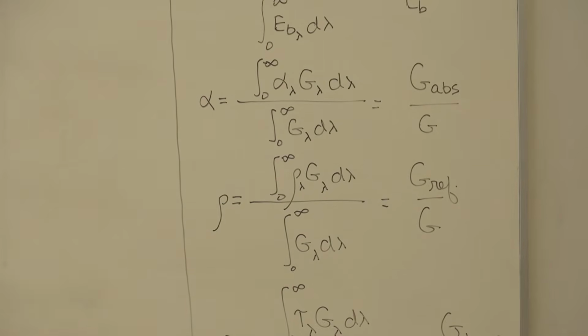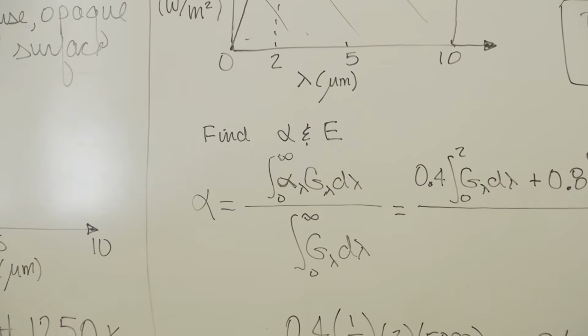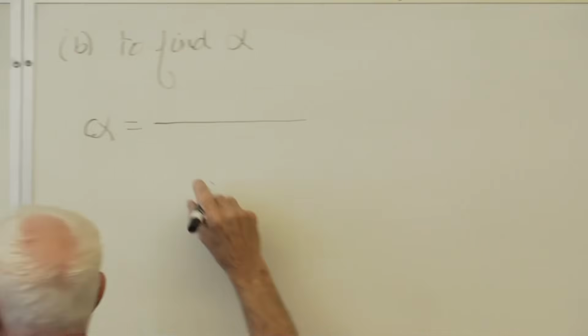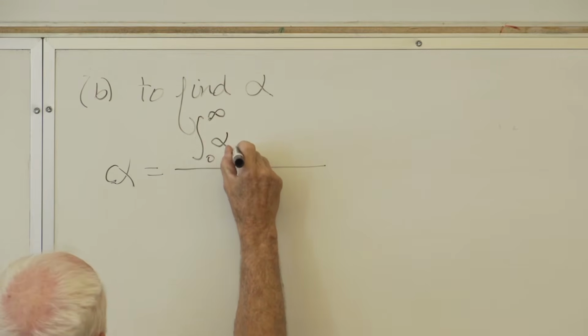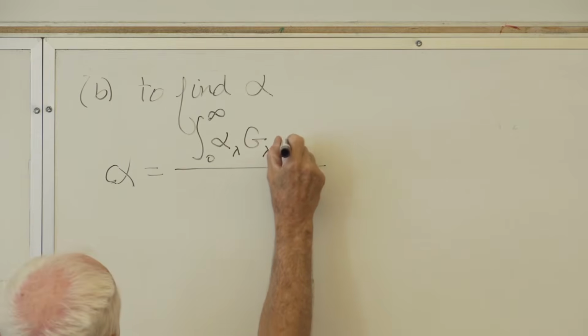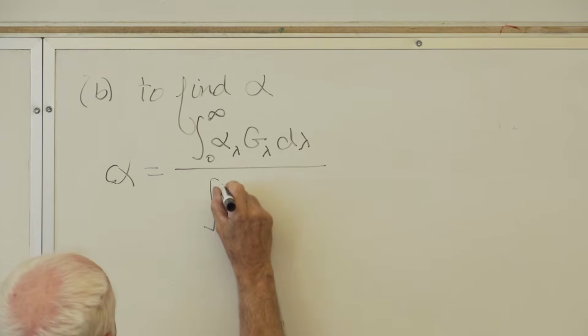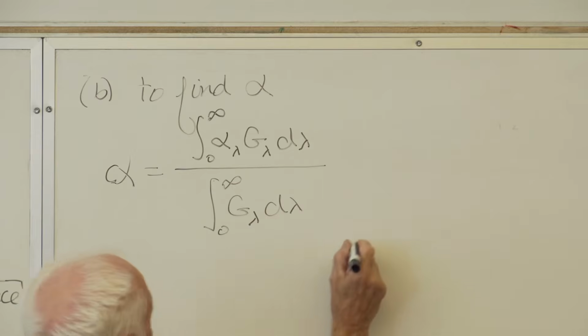Okay. There's my equation right there, alpha. Here it is here too, alpha. Alpha equals integral 0 to infinity alpha lambda g lambda d lambda, over integral 0 to infinity g lambda d lambda.